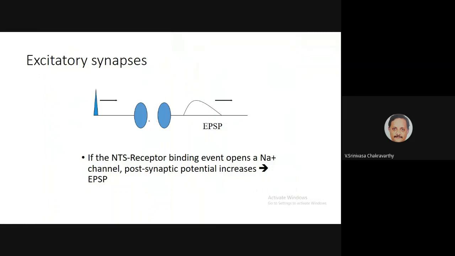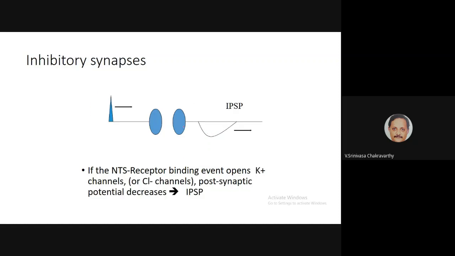If the synapse is excitatory, then the PSP is positive, so you call this EPSP or excitatory postsynaptic potential. And if the synapse is inhibitory, then on the other side, you basically either open potassium channels or chloride channels, right? That will reduce the voltage on the postsynaptic side. So as a result, you have IPSP or inhibitory postsynaptic potential. So we know all this from before.